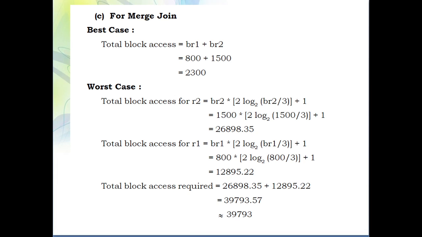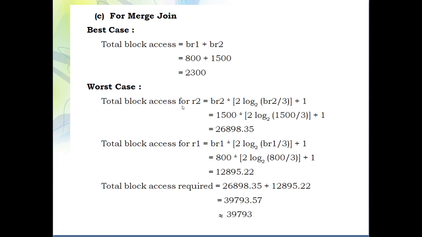Now here we see how to calculate the number of block accesses in case of merge join in the worst case. So how to calculate this? For total block accesses required, separately we need to calculate the number of block accesses required for relation R1 and for relation R2.